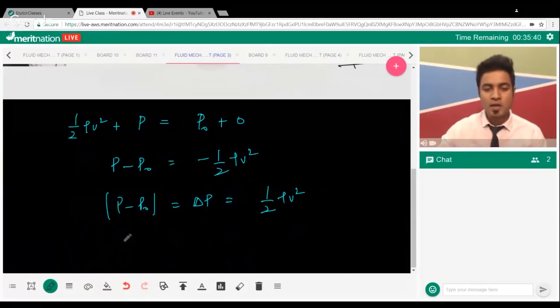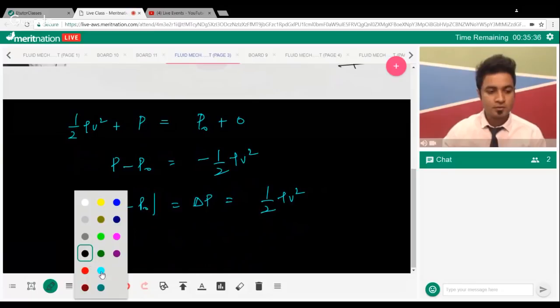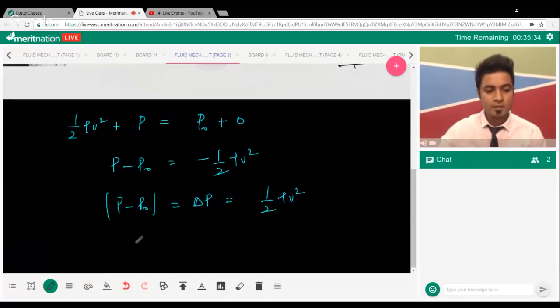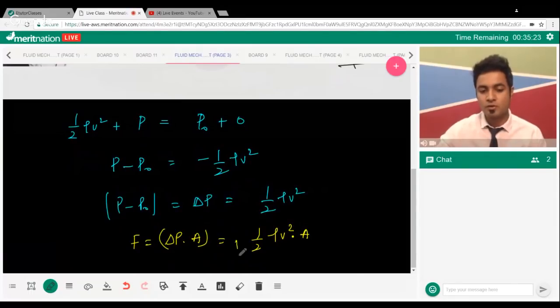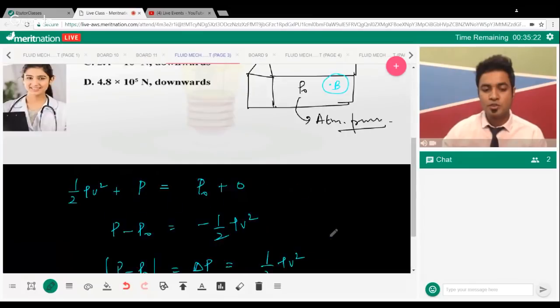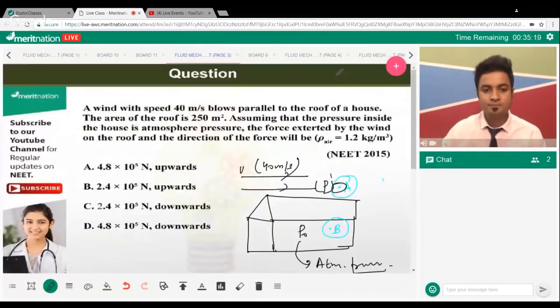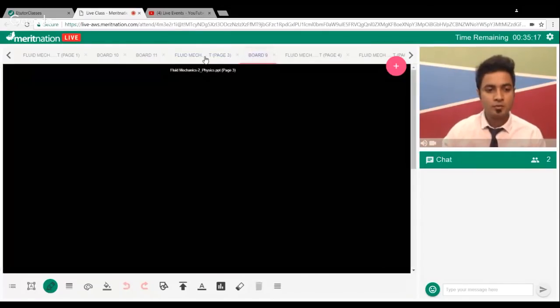So if you wanted to calculate the force here, the force would be delta P, means pressure into area, isn't it? And delta P is already given to us, that is half rho V square into area. Area is already given to us. So you just put the values and calculate the answer here. Let me just do it.